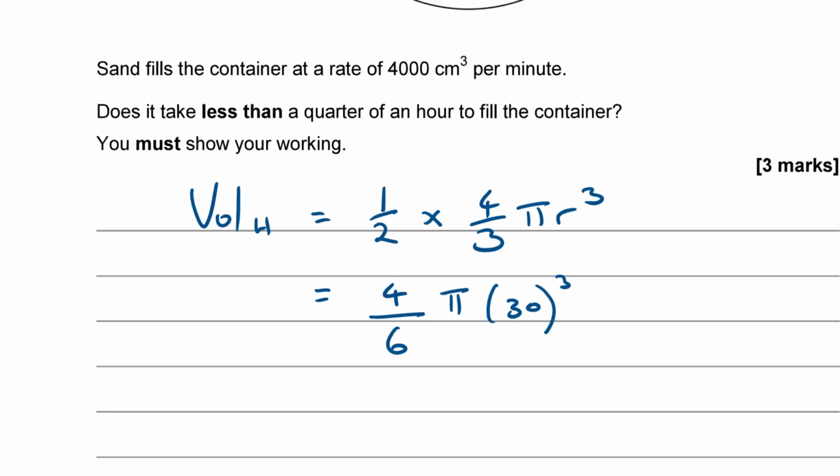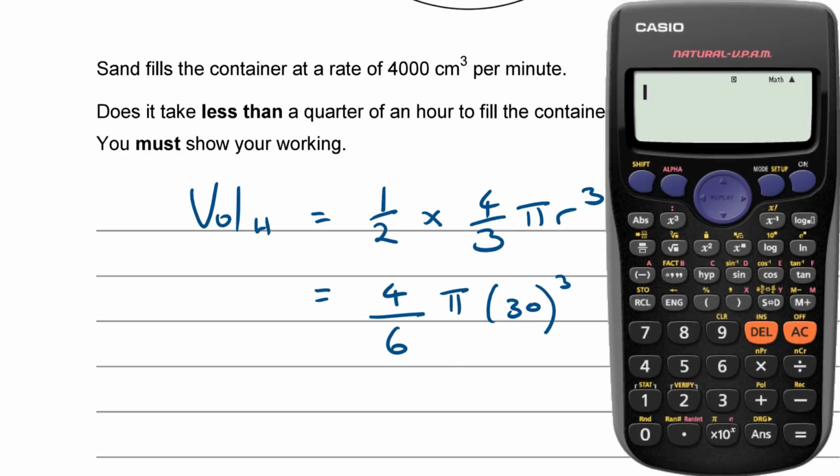So I suppose I need to work it out with the pi, don't I? So I'm going to have to type that into my calculator. I'm going to type 4/6 times 30 cubed times pi.